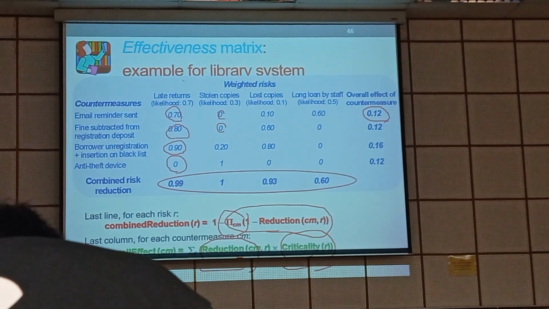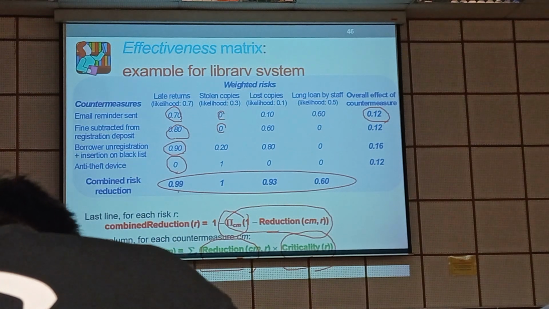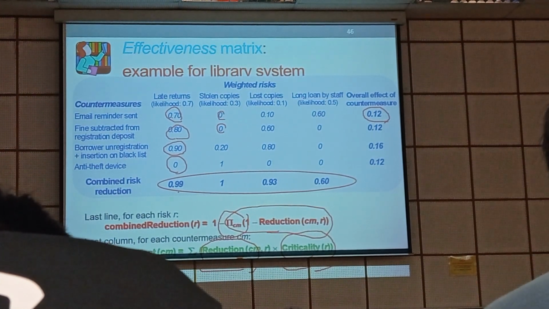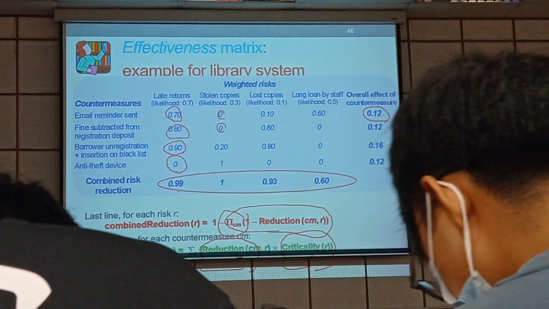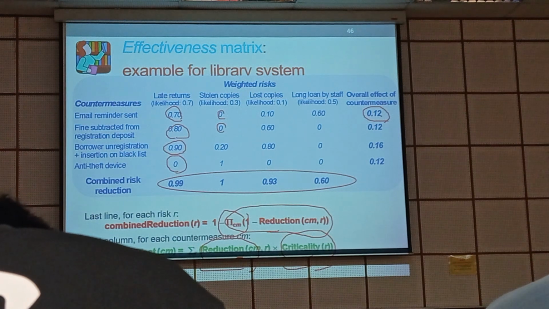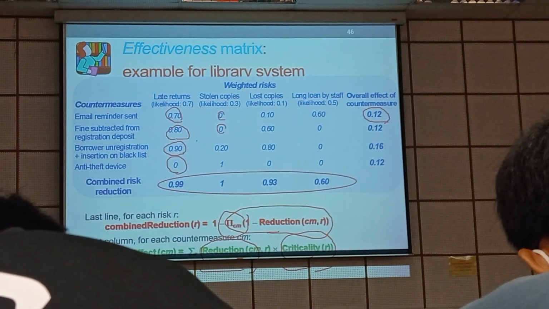So for this late return, you already calculated the reduction is 0.99, right? Go back to the late return. What was the criticality over there? 0.12, right? Multiply, and you get this answer. You will get some decimal places at the back. You round off and get 0.12, because 0.99 is almost the same as 1.